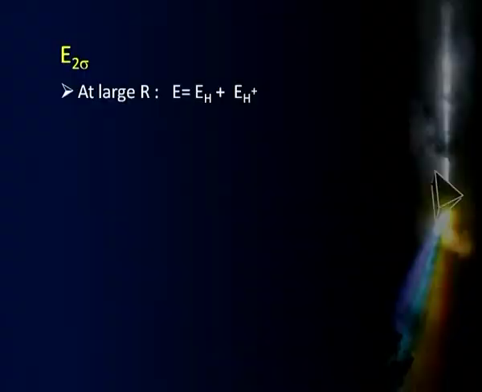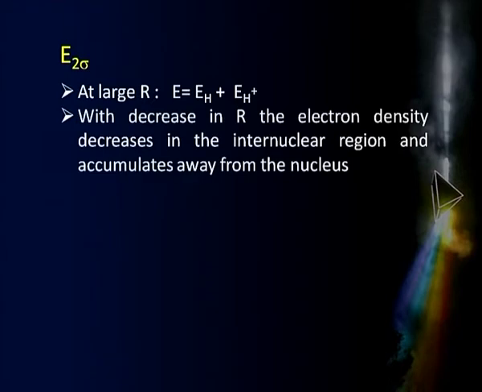Let us see what happens in the case of sigma 2s. Again the starting point is the same, that means at large r, E is equal to E of H plus. But as we decrease the value of r, as the two atoms come closer, there is a destructive interaction, no constructive overlap.